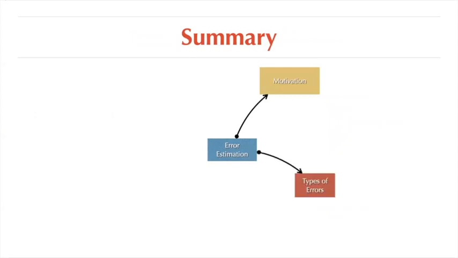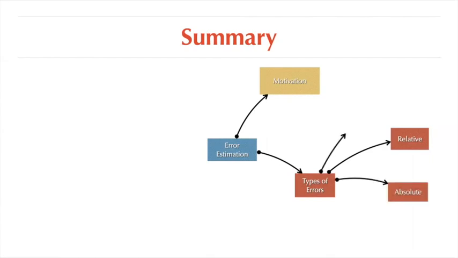Now, finally, let me summarize what we discussed today. Fine. Today we talked about error estimation, and first we motivated why you should be interested in estimating errors, and then the types of errors. In order to quantify that this is accurate as compared to that, we introduced the ideas of relative and absolute errors.